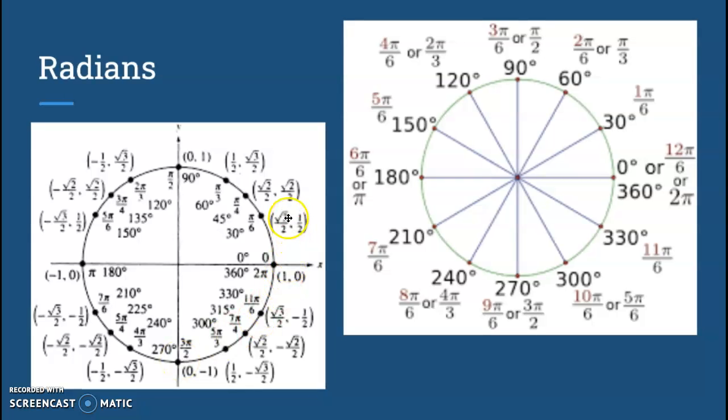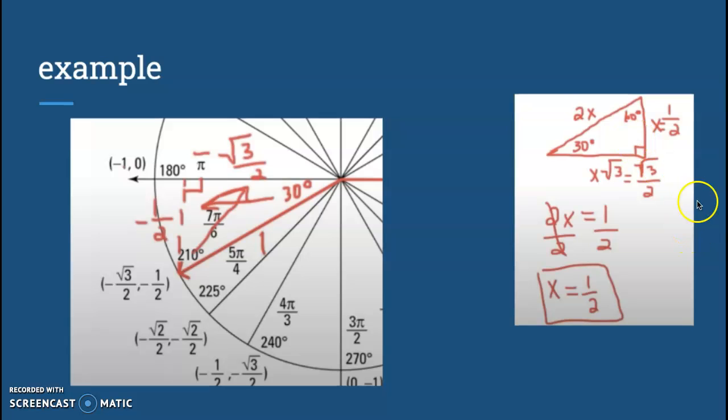On the outskirts, you have other coordinates, which you can find by using a 30, 60, 90 degree triangle, such as shown here. Let's pretend the 1/2 and the rad 3 over 2 isn't there yet. You have x as the short leg, and to find the hypotenuse, you multiply x by 2, so 2x is the hypotenuse.